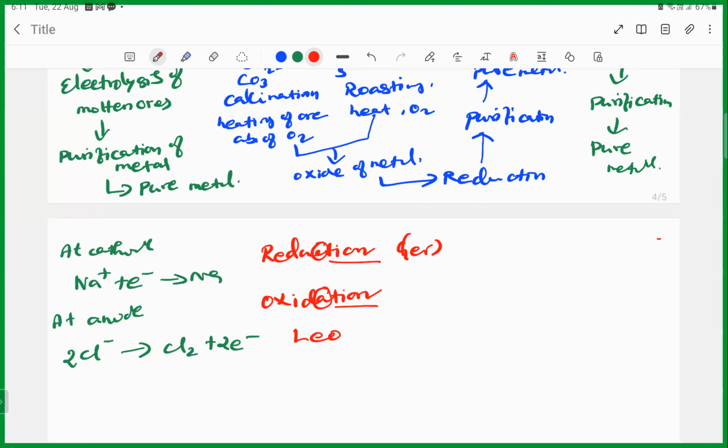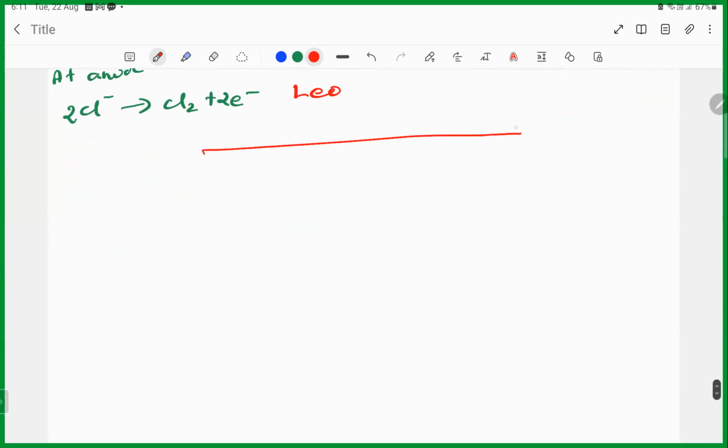So this is a match the following. In the first column, number 1, iron. In the second column, A is liquid at room temperature.